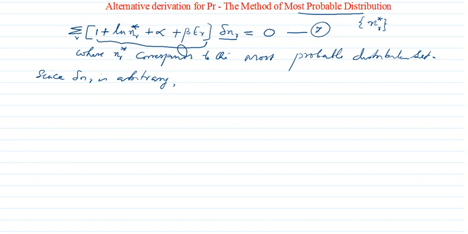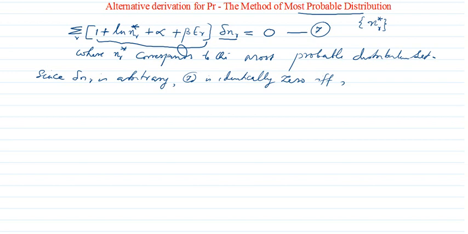Since delta n_r is arbitrary, equation 7 is identically 0. If you are running short of time, of course you can avoid it, but see that you have these conclusions: it is identically 0 if and only if the quantity in the bracket is identically 0. It vanishes for every n_r value, right?